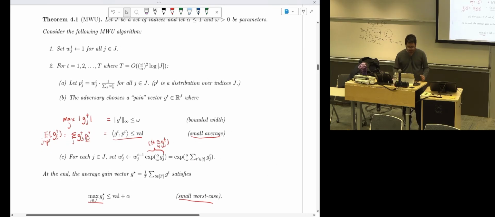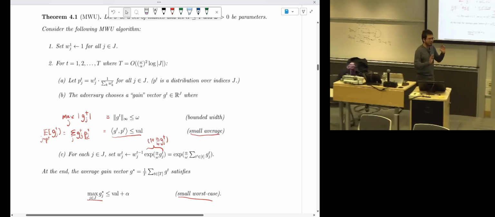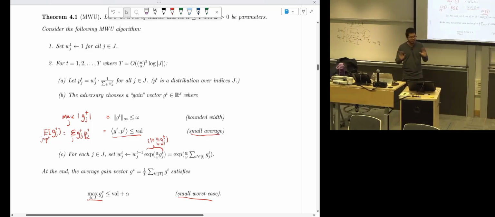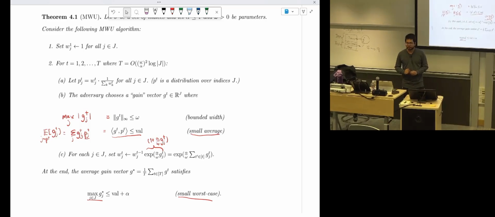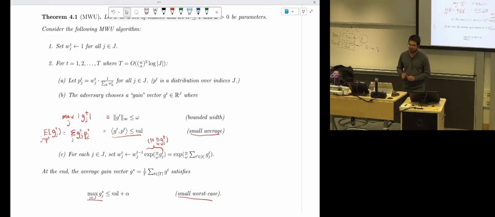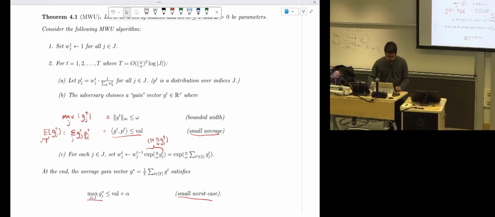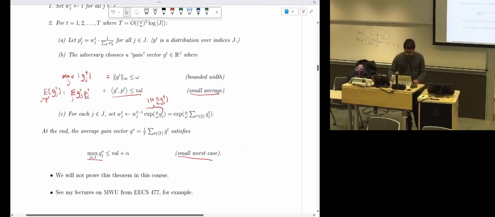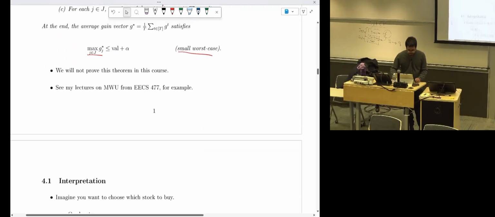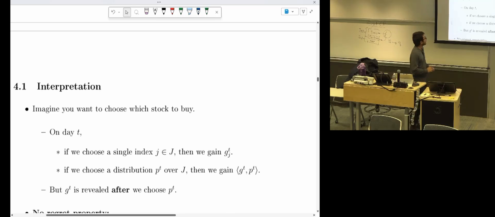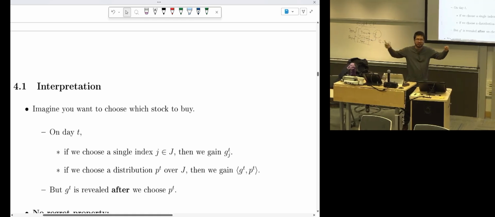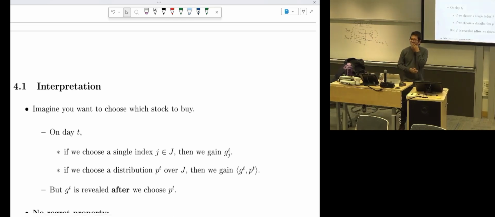Right now, it might be hard to interpret this, so let me give some interpretation. Imagine that you want to choose a stock, like which stock to buy. There are many stocks in the stock market.